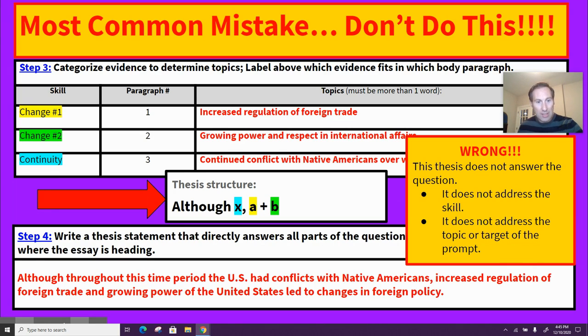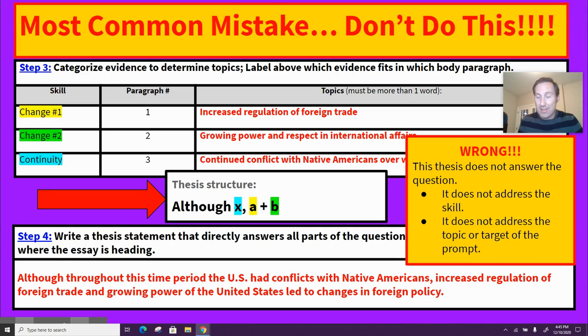Because in this thesis, if you look a little bit more closely, it's saying increased regulation of foreign trade and growing power of the United States led to changes in foreign policy. Okay, so these are causes of changes in foreign policy. That's not what the skill of the question is, nor does it answer the question. The target of the question is what's changing about foreign policy.